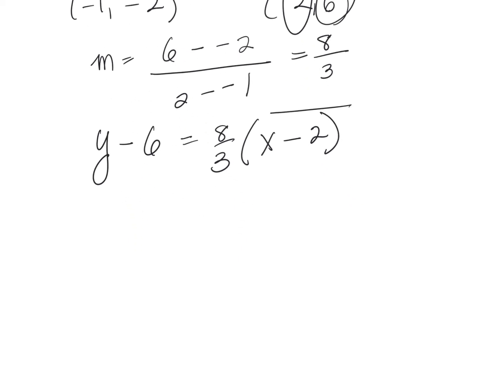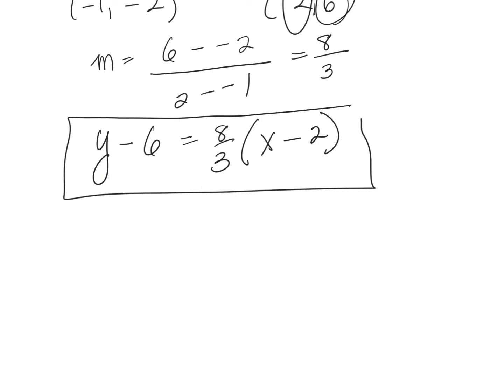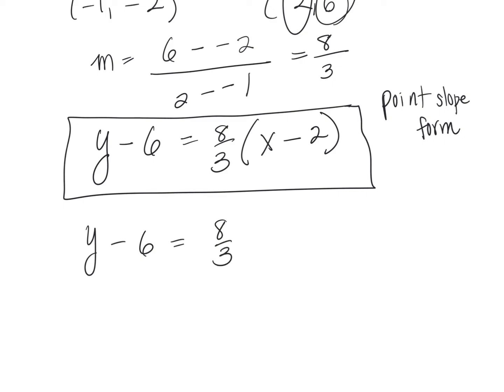Now if I wanted to move from form to form, so this is point slope form, I would just distribute the 8/3 and then add 6 to both sides.